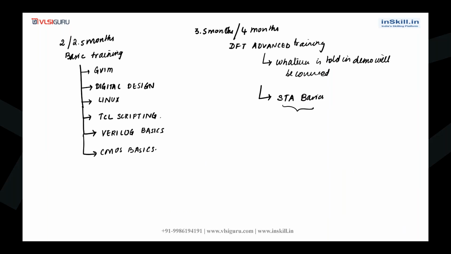The total course will be around 5 to 6 months, depending on the duration, where the first 2 to 2.5 months are basic training, and the next 3.5 months to 4 months are DFT advanced training. Whatever we saw in today's demo session will be covered.